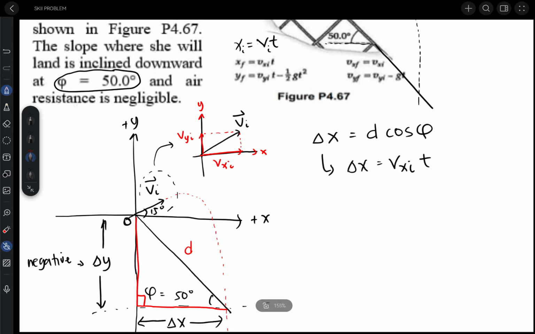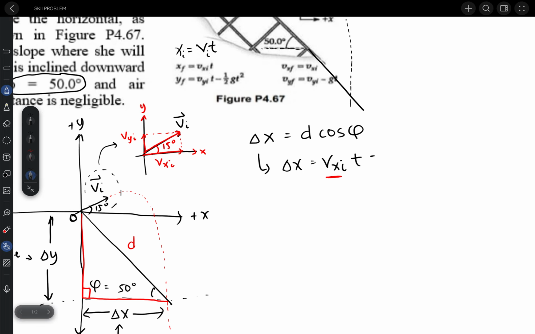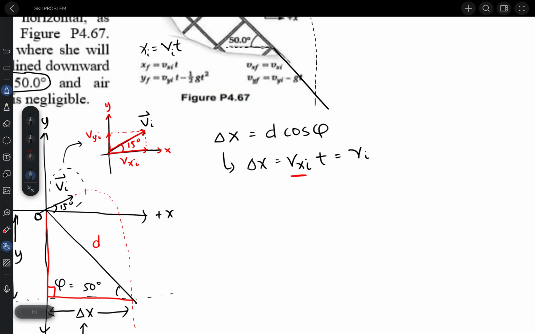Since the initial velocity is angled at 15 degrees, and our vxi is adjacent to it, it is equal to the magnitude of the initial velocity times the cosine of theta. So delta x is equal to 10 cosine of 15 times t.